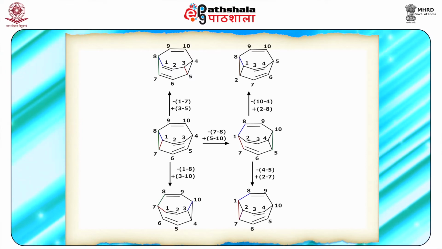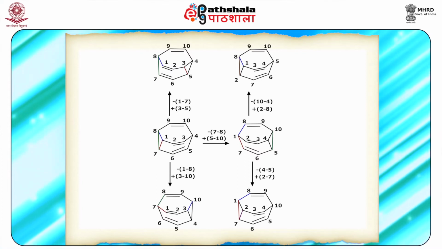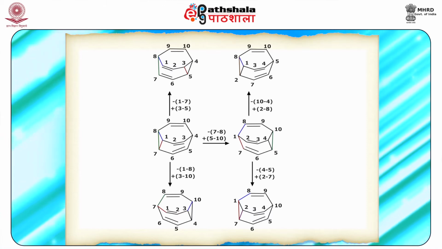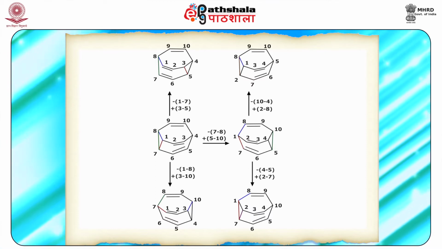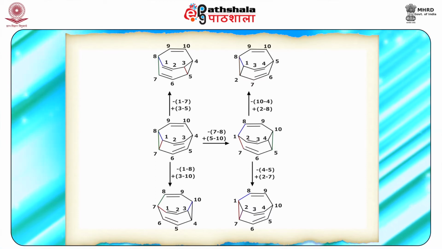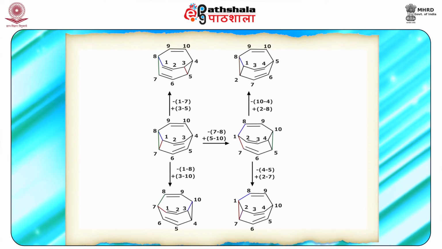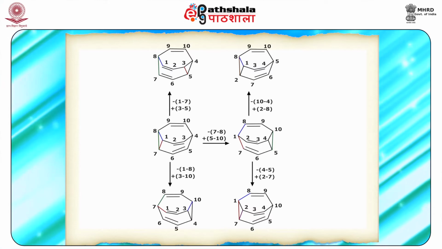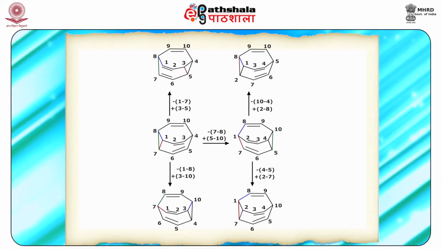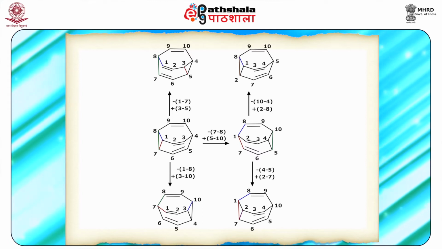But the molecule could also have undergone rearrangements to put this ring at 1, 7, 8 or 4, 5, 10 positions. Any of these could then undergo several different Cope rearrangements and yet do not change the fundamental structure of bullvalene.